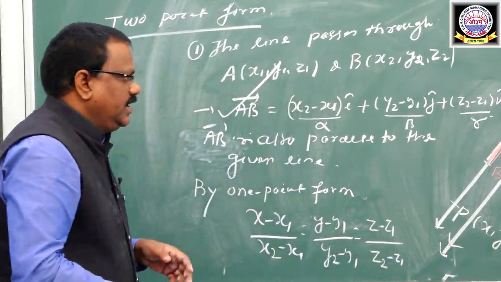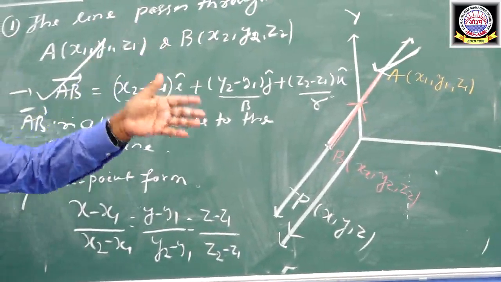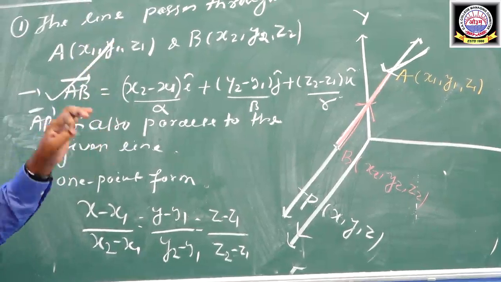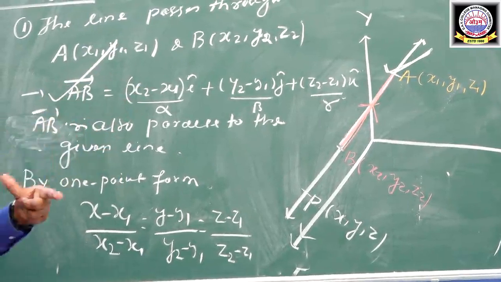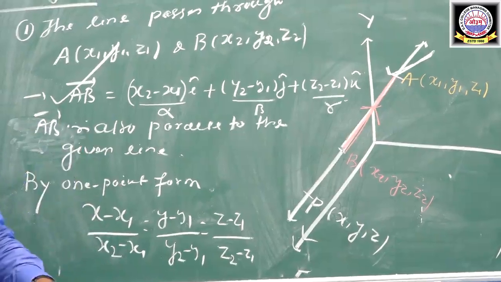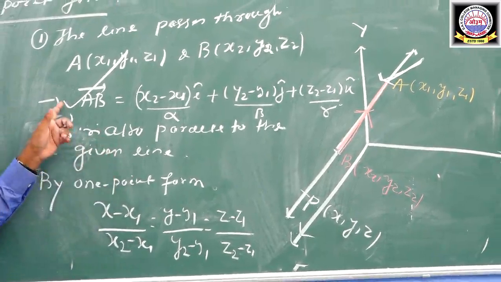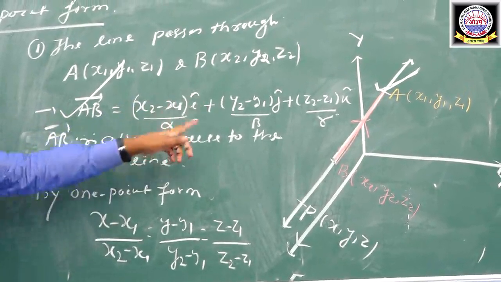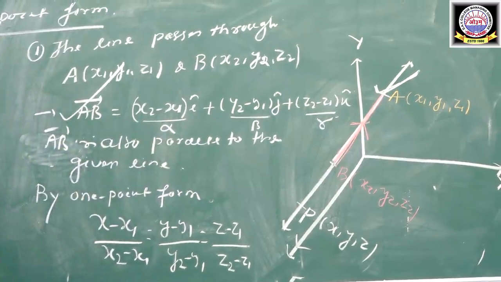So my dear students, the 2-point form is converted to the 1-point form. As the 2 points are lying on the line, if you join these 2 points, it becomes a vector. And the vector is lying on the line, so it can be treated as parallel to the line. So AB vector is treated as parallel to the line, that is alpha i plus beta j plus gamma k, what we call the b vector.